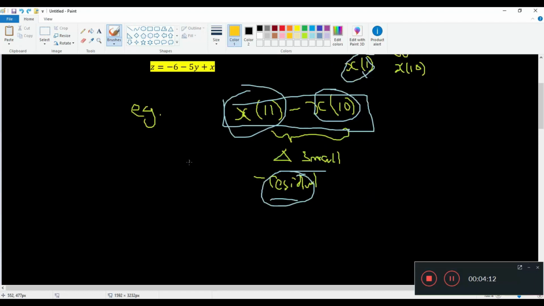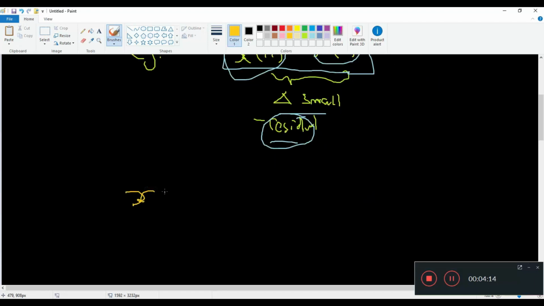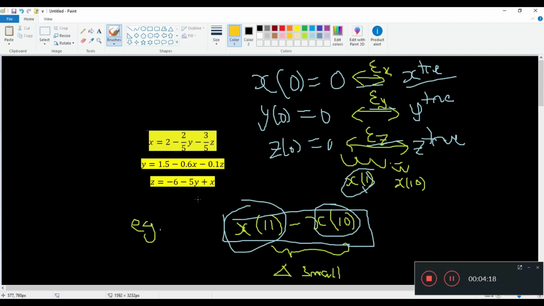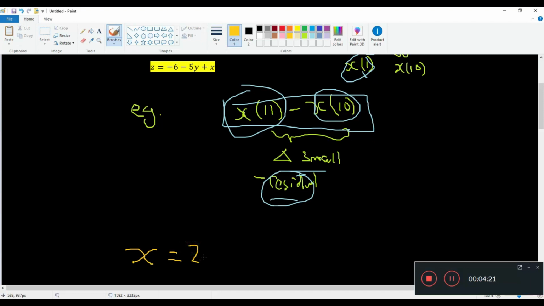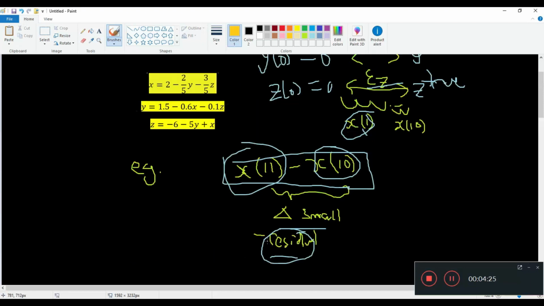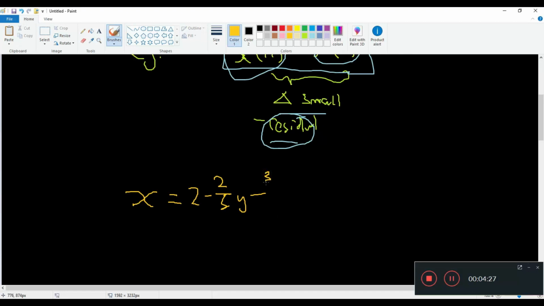let's go one equation at a time. So x equals 2 minus 2 over 5 y minus 3 over 5 z.